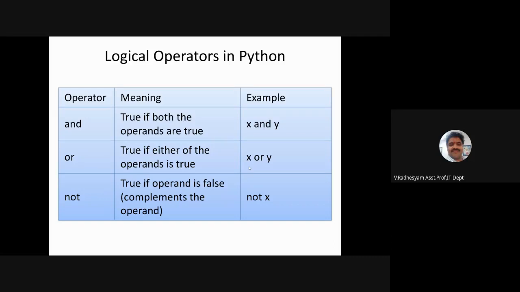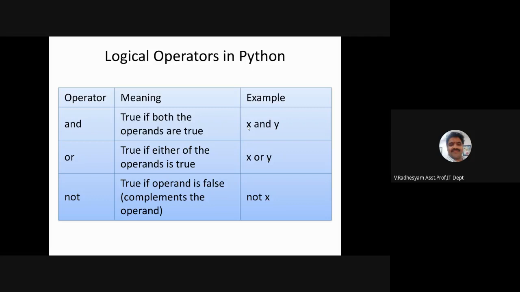If the number of units is between 50 and 100, then the bill amount is 5 rupees per unit. That means the number of units, nu, should be greater than 50, that is the first condition, X. And nu should be less than 100, that is the second condition.